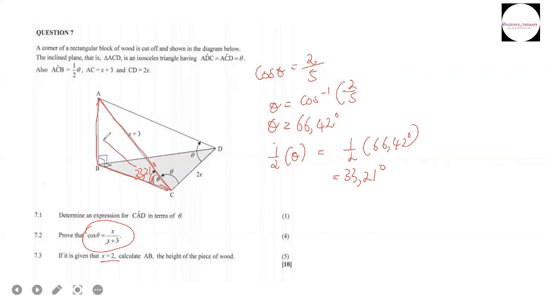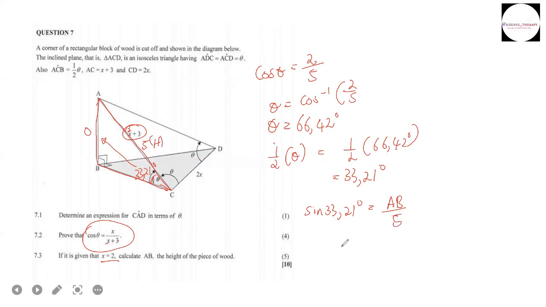Now that we have the angle here, 33.21 degrees, to calculate AB, we can say opposite, but then we are given what? The hypotenuse. Remember, this is 2 plus 3, which is 5. So we are given the opposite and the hypotenuse side, which means we must use the trig ratio sine. So that's sine 33.21 degrees is equal to our opposite AB over our hypotenuse 5.